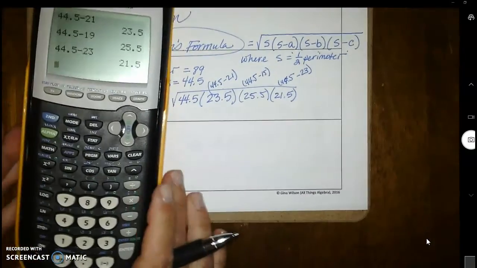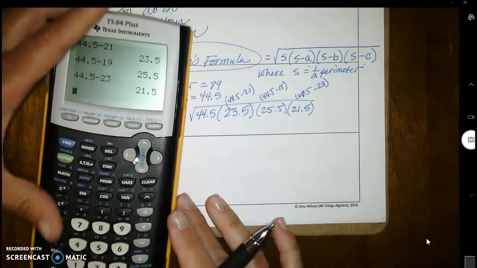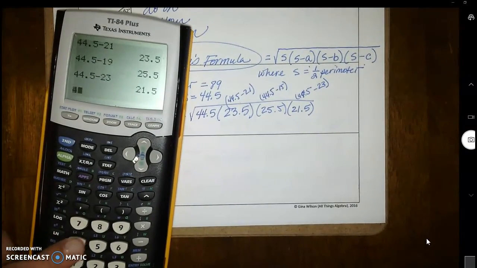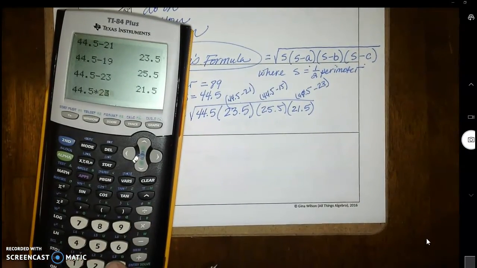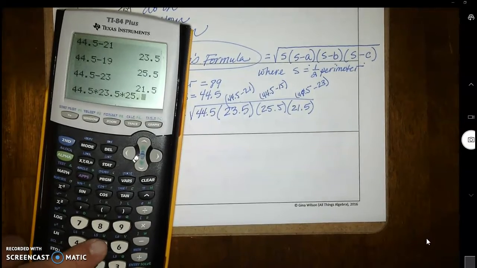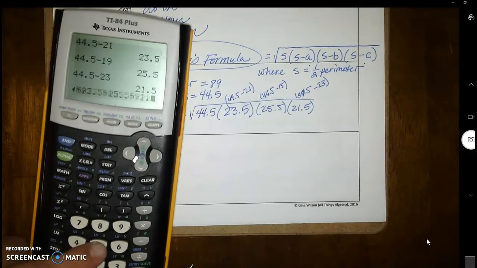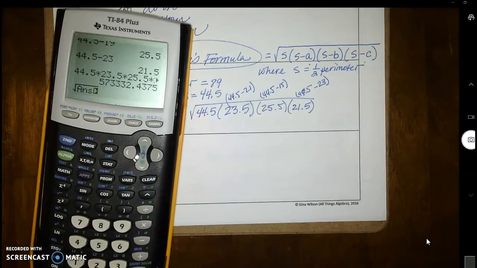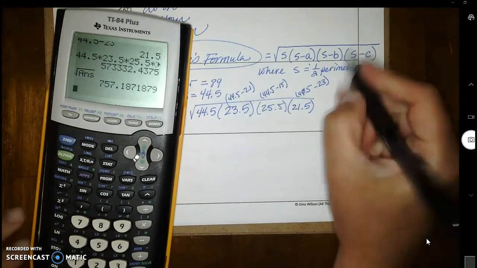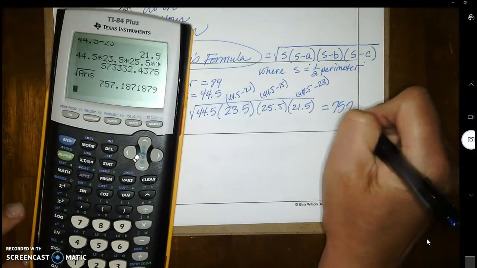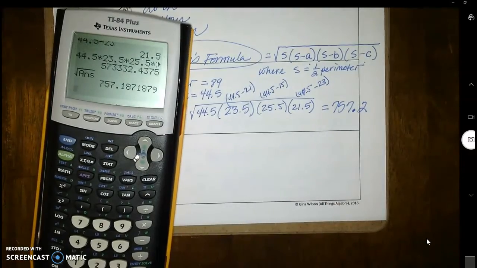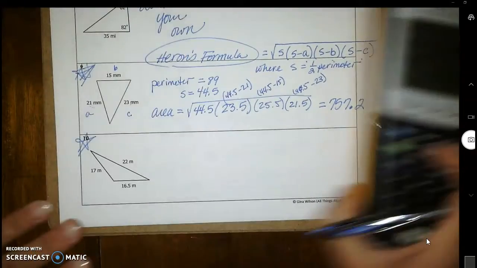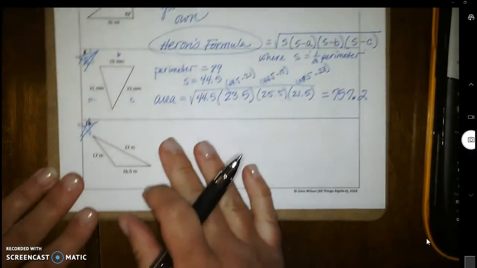Okay, I'm going to multiply all of those together and I'm going to square root it. So let's do it. 44.5 times 23.5 times 29.5 times 21.5, square root that big old honkin' answer, and pa-pow, 757.2. Okay?